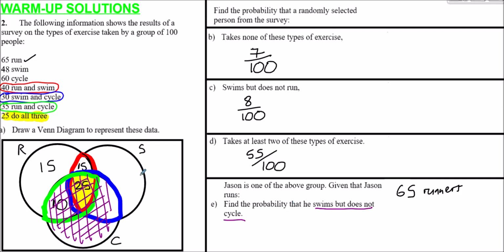So if he swims, but does not cycle, he must be one of these 15 people. So he must be one of the 15 out of the 65 runners that runs and swims, yet doesn't do all three. So that's question 2 done, and that's the full warm-up.